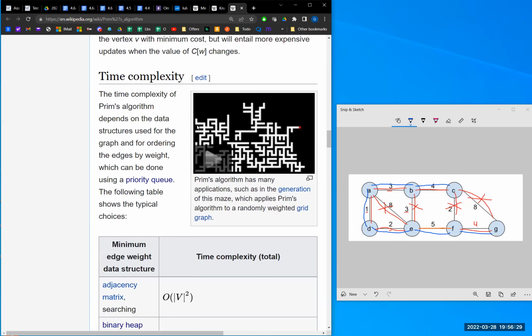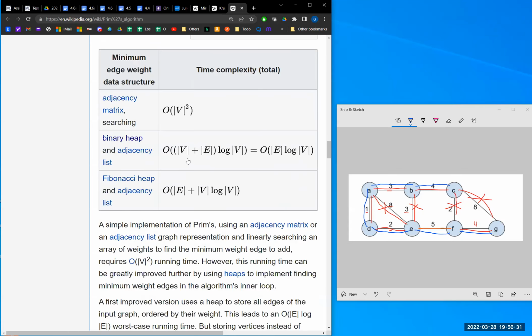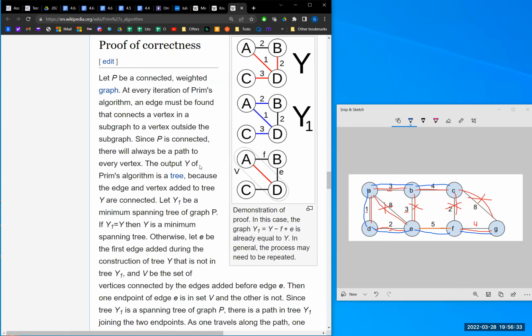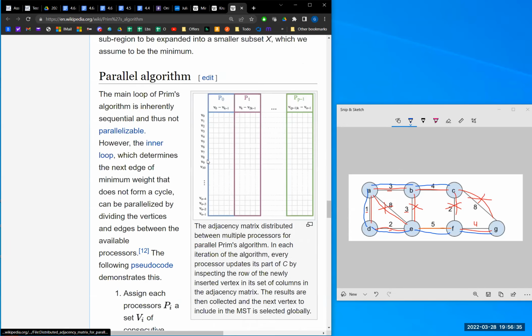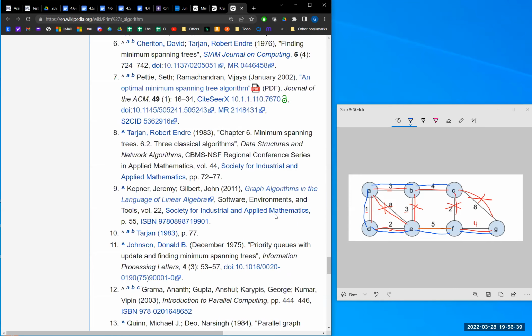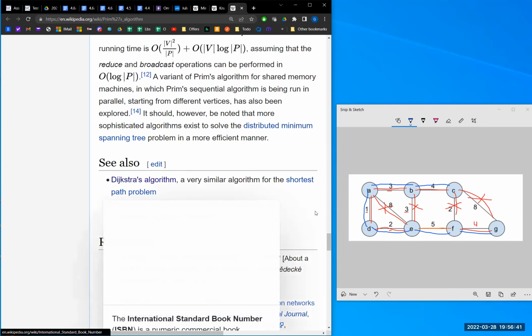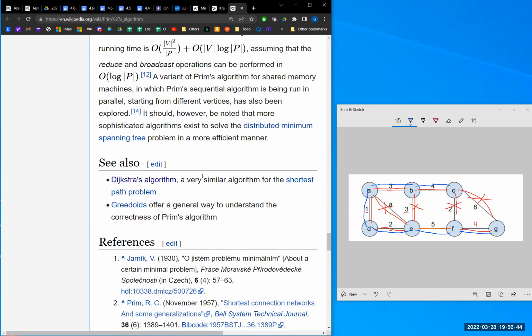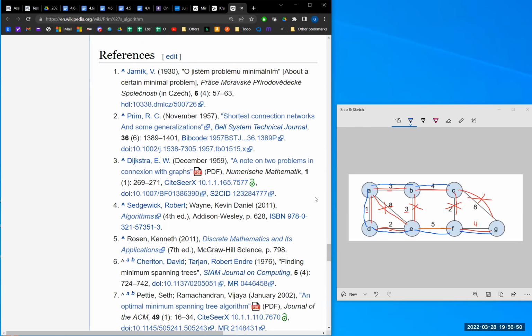Let's see. There's our good complexities, proofs, always fun stuff. I'm trying to think what else. Some of our traveling salesman problems are going to use that minimum spanning tree. I think Dijkstra is very similar. Oh, for correctness, that's perfect.